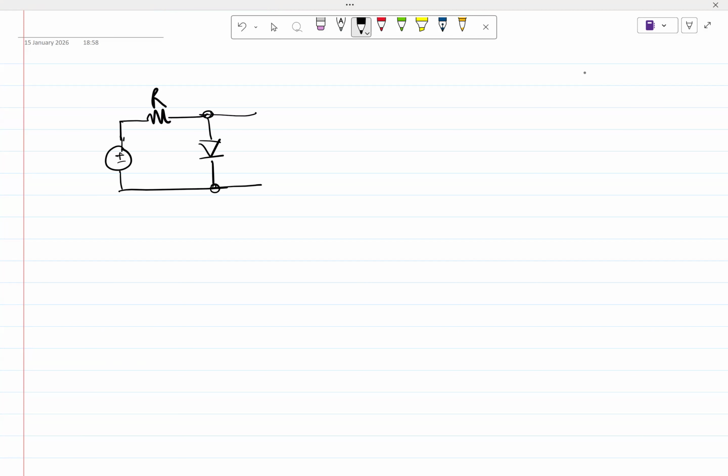For the time being, assume that this part exists inside the box. I have access to leads here. I want to find out experimentally what is the incremental resistance looking in. Not analytically, but experimentally. What should be my experimental setup?